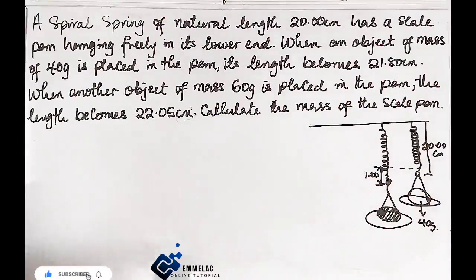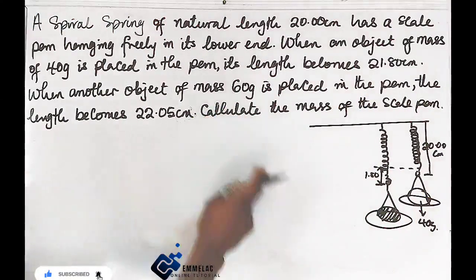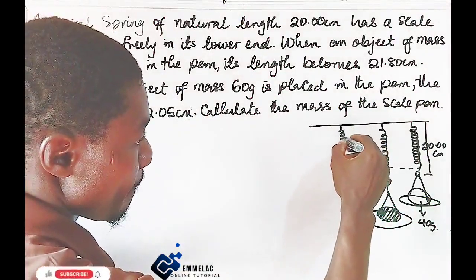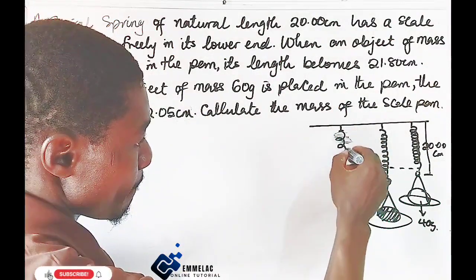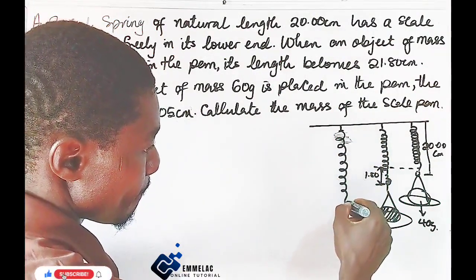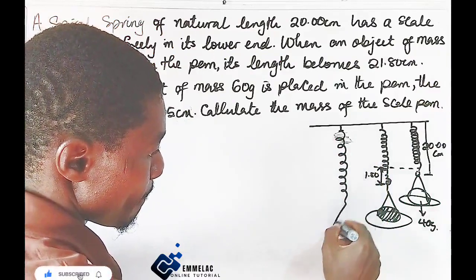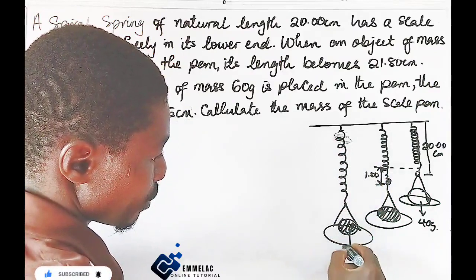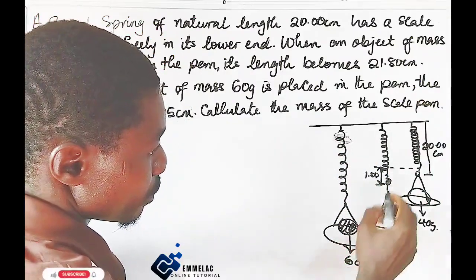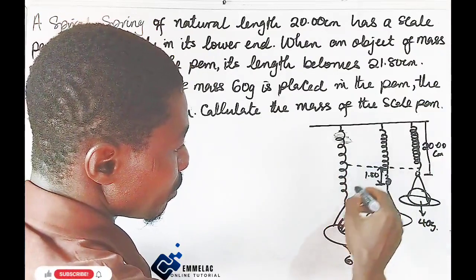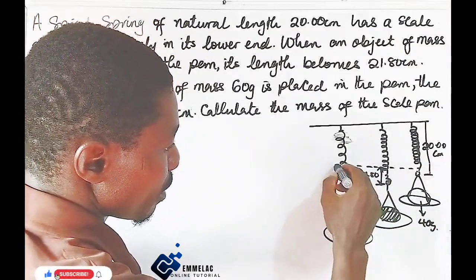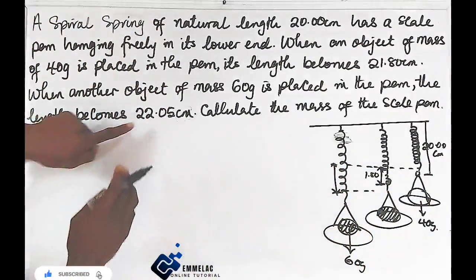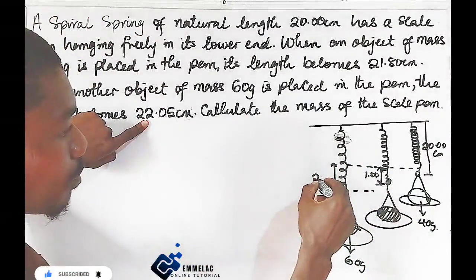Now, another mass of 60 was hung, and that would be another extension towards this end, which will be 2.05.